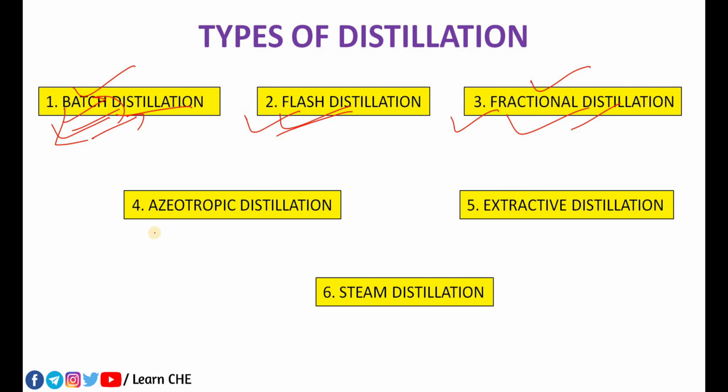And after that the fourth one is azeotropic distillation. What is azeotropic distillation? Azeotropic distillation and extractive distillation are both used when the ordinary distillation methods, meaning batch, flash, and fractional distillation, cannot be used for that mixture. Why?